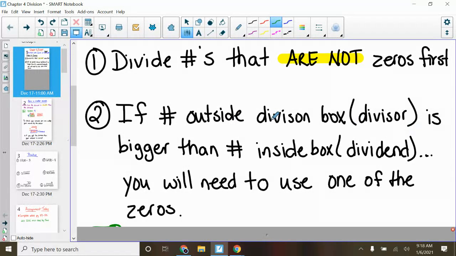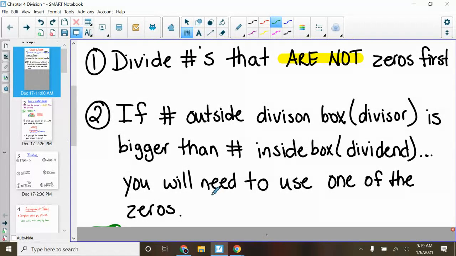The number outside the division box is called the divisor. If that divisor is bigger than the number inside the box, which is called the dividend, you're going to need to use one of the zeros inside the box. Now, I know right now it's just a lot of words, and a lot of words sounds confusing. But underneath this, you're going to see an example of what I mean, and then it's all going to come together for you.